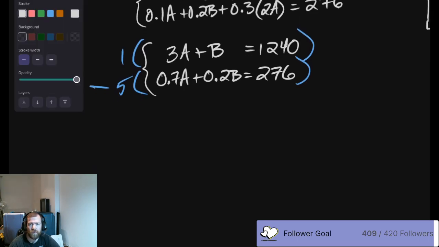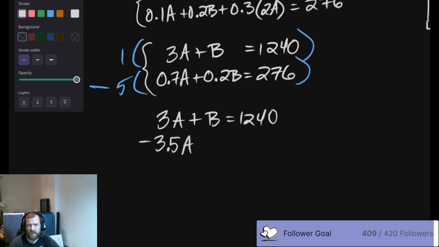Okay, so going across, this is going to be just standard 3a plus b equals 1240. And on the next one, negative 5 times 0.7 is negative 3.5a, minus b, because negative 5 times 0.2b is a negative b, is equal to negative 5 times 276.